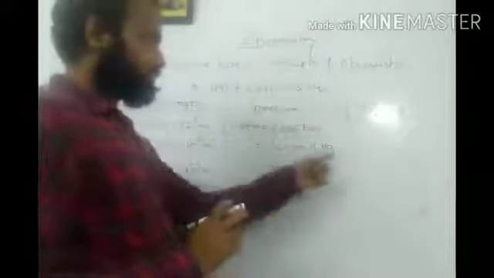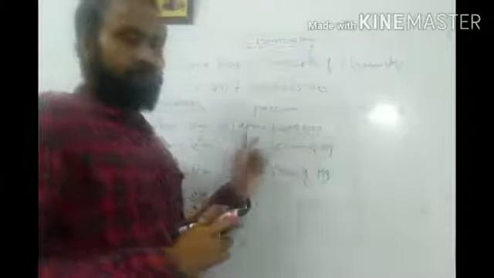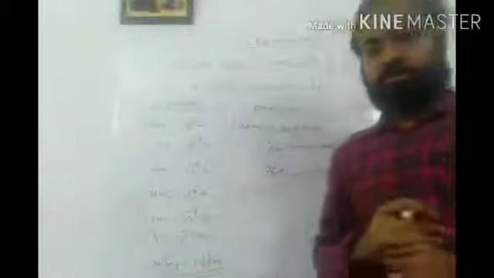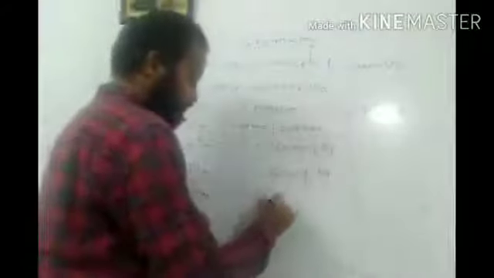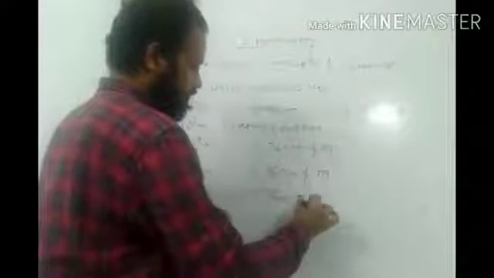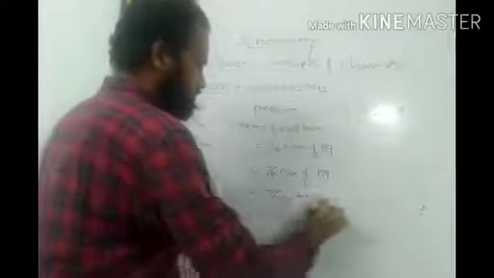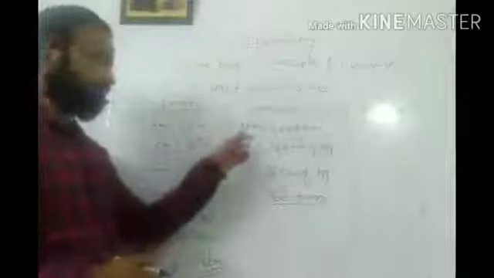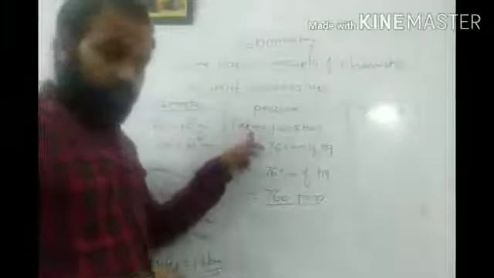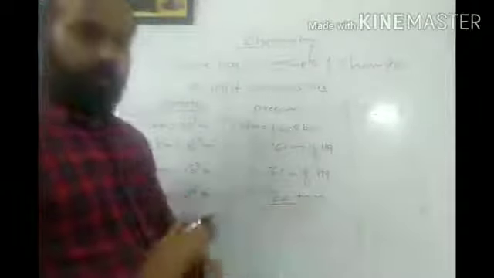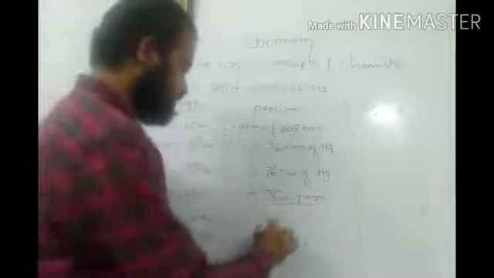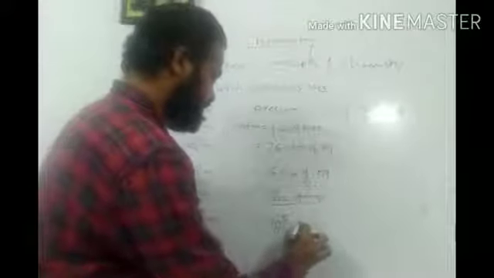You might have seen this mercury while measuring blood pressure, isn't it? Then we have one more important unit, that is torr. Torr is also an important unit of pressure. 1 atmospheric pressure is equal to 760 torr. Then the most common unit is 10 raised to 5 Pascal.